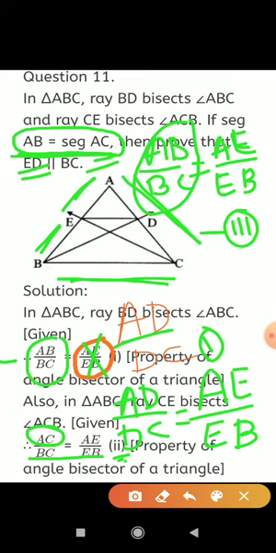Okay, and see in the diagram, this ratio AD upon DC is equal to AE upon EB.